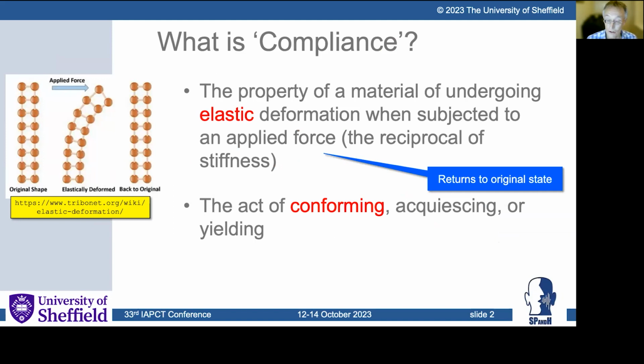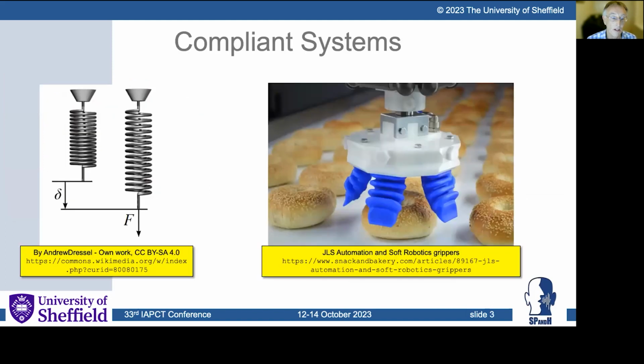So there's an attractor which is pulling the system back to its original situation, as opposed to this one, which is essentially saying something quite different, which is the act of conforming to a new state, adopting a new state. So these are quite different things, even though it's the same word. And so I'm just trying to tease apart the difference here from the modeling perspective.